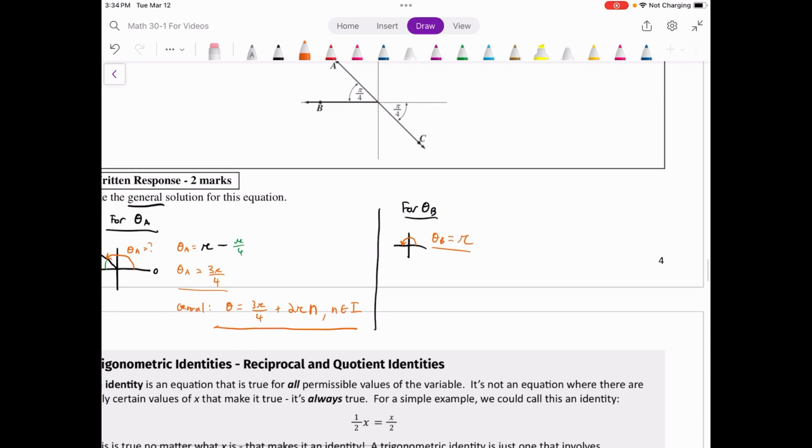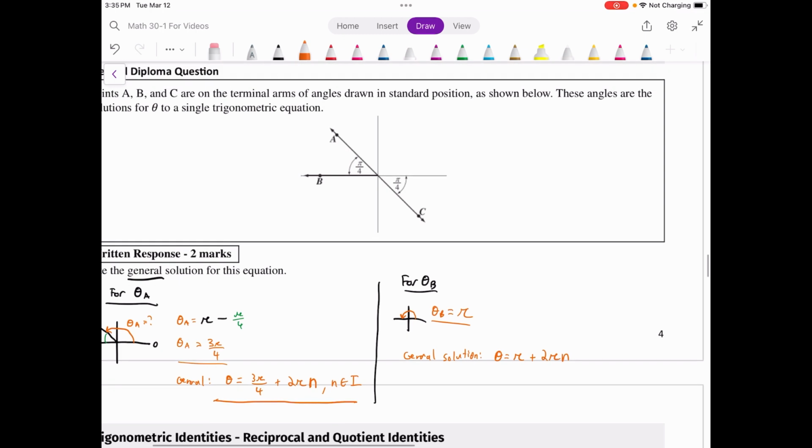Okay, now general solution time. Pretty quick. The general solution will be pi. Theta could equal pi plus 2 pi n, right? Multiples of 2 pi. If pi is a solution, then so is 3 pi, right? If pi is a solution, then so is negative pi. How do you get from pi to negative pi? You subtract 2 pi, right?